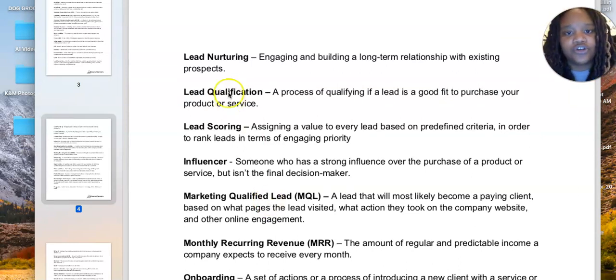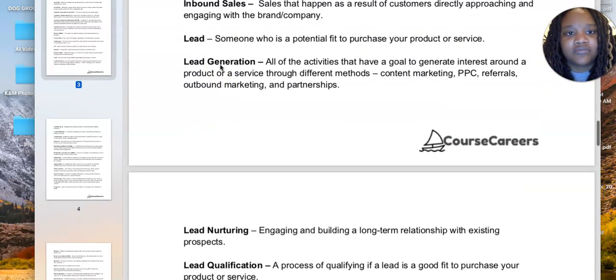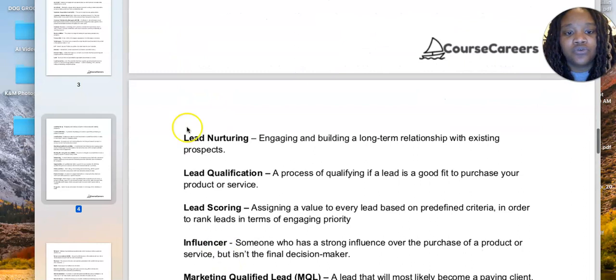Okay, lead nurturing is the next step after lead generation. So once you're able to generate leads, then you want to nurture those leads. That's more so engaging in building long-term relationships with existing prospects. So making sure that you're checking in with them, even if they haven't bought from you.